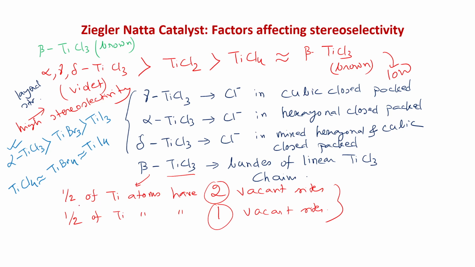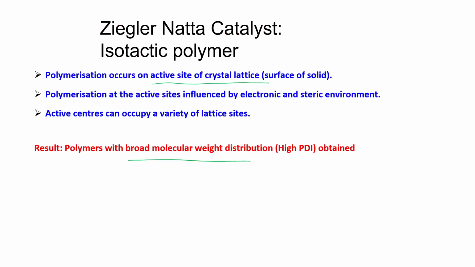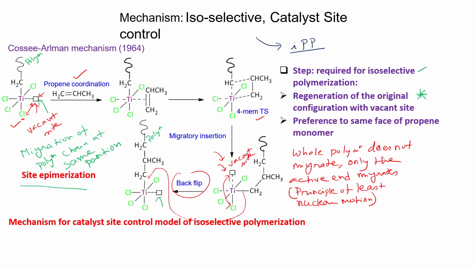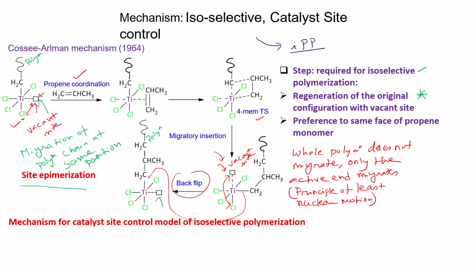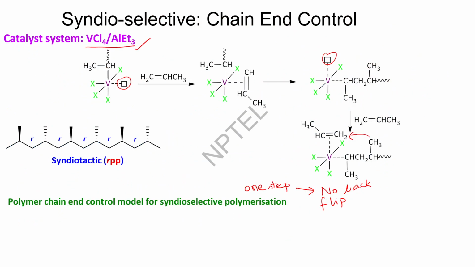For beta TiCl3, half of the Ti atoms have two vacant sites, and the other variants of titanium atom have one vacant site. That's the difference, and that can be explained from this particular crystal structure only. According to that, these variations are there.